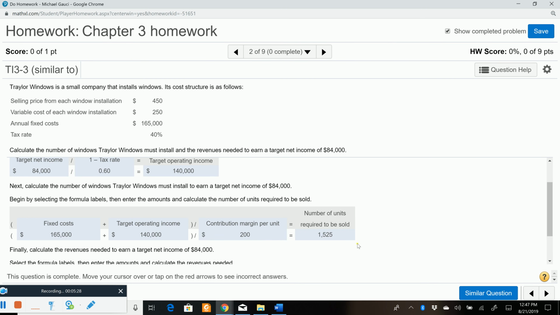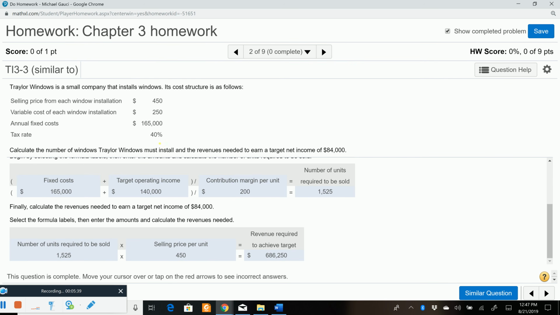And we know that in order to earn a target net income of 84,000, we would need to sell 1,525 installs. All right, and if each install is $450 times 1,525, our target revenue in order to get a target net income of 84,000 is 686,250.